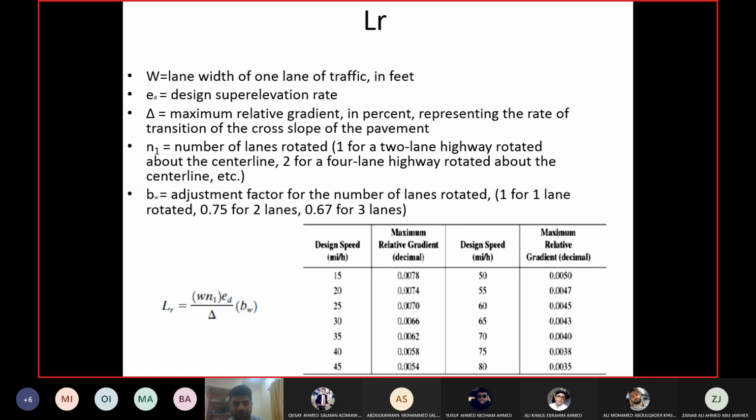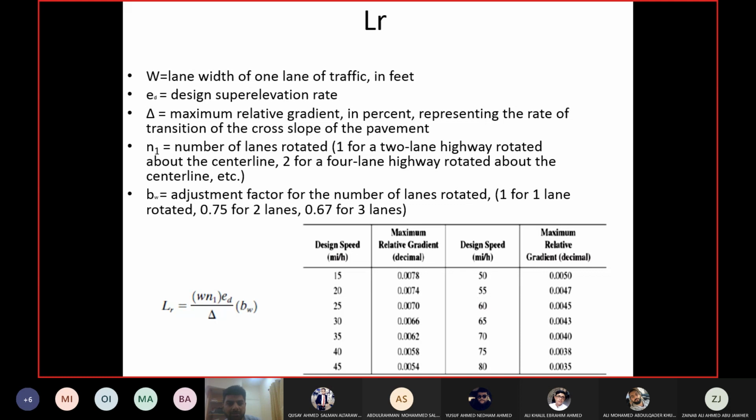If it is a 4-lane highway, now what happens when the number of lanes increases? You provide a median. When you have a 6-lane highway or an 8-lane highway, between the 2 directions you will have a median. I told you last time, when you put a median, the super elevation is taken separately for each direction of the highway.